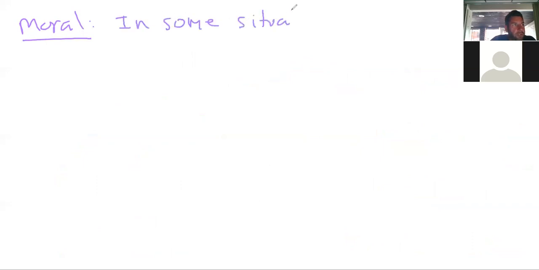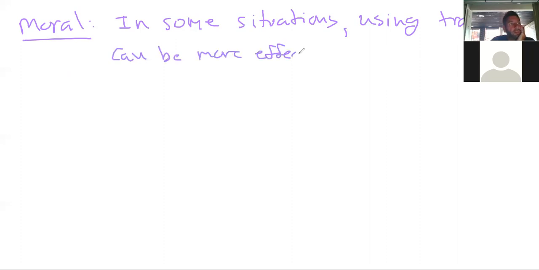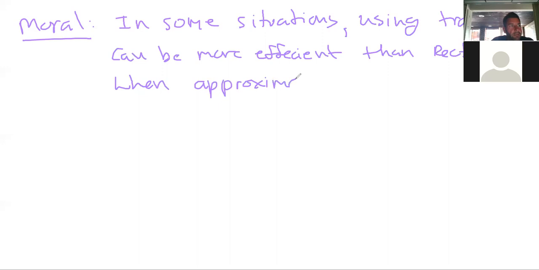In some situations, using trapezoids can be more efficient than rectangles when approximating integrals.